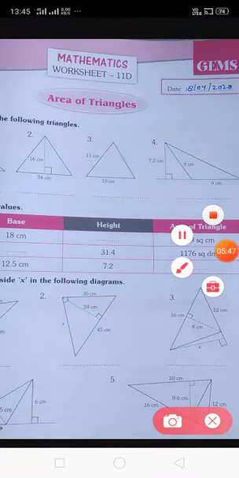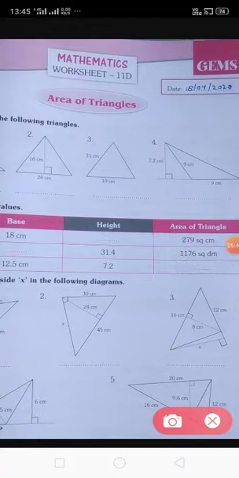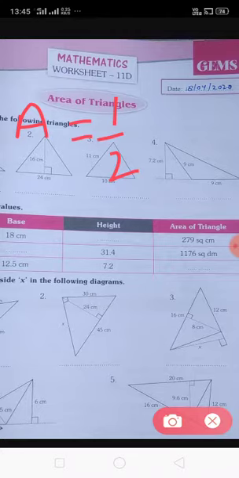See, we know that the area of triangle is 1 by 2 base into height. Base is given, 18, and height is not given, so you write height as it is, and the area is given, 279.